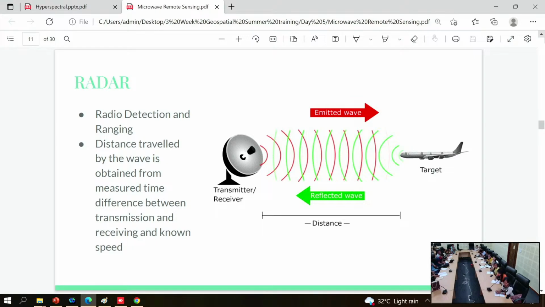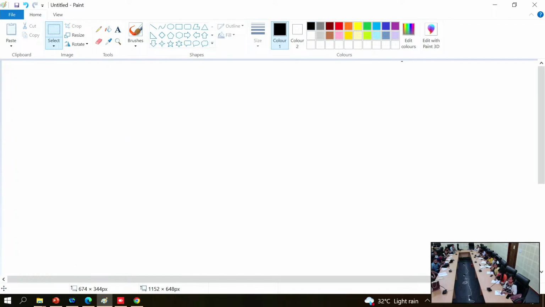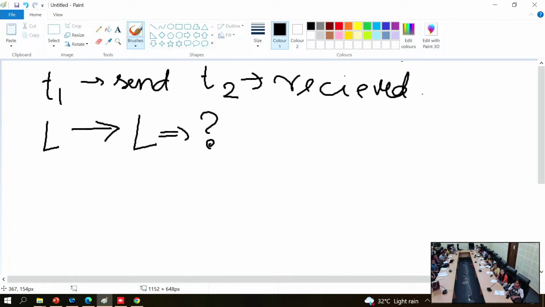So assuming that you have sent the signal at time t1 for send, and t2 you have received, and the target distance is L, but we don't know L.